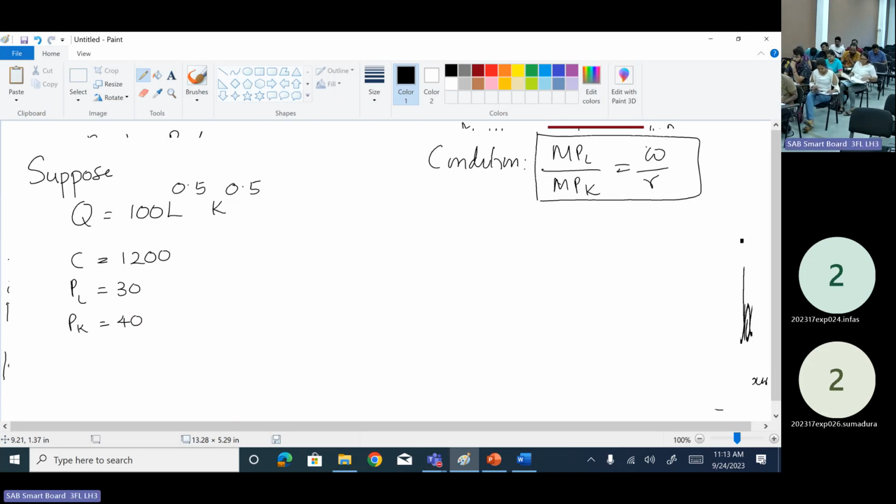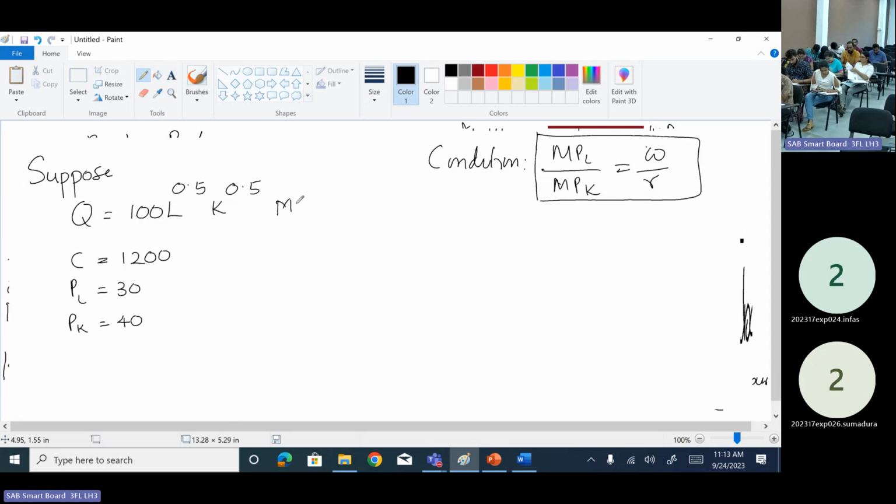How do we decide this? First we have to calculate the marginal productivity with respect to change in labor and with respect to capital. So how do we calculate the marginal productivity?